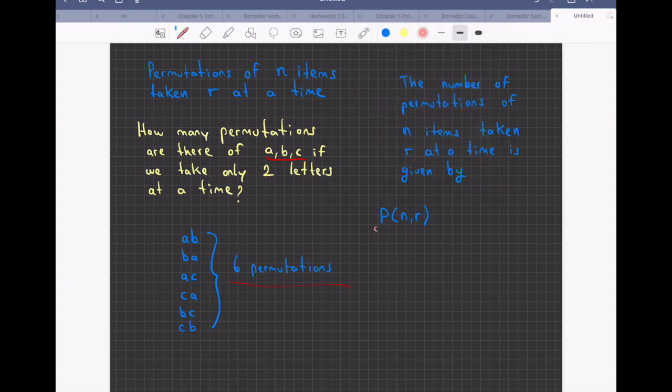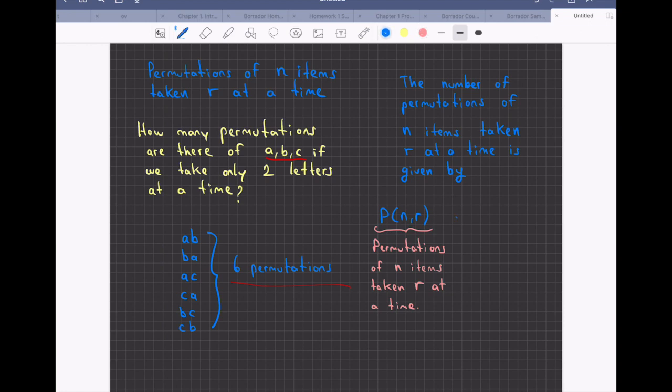this is the symbol we have: permutations of n items taken r at a time. And what is the formula?